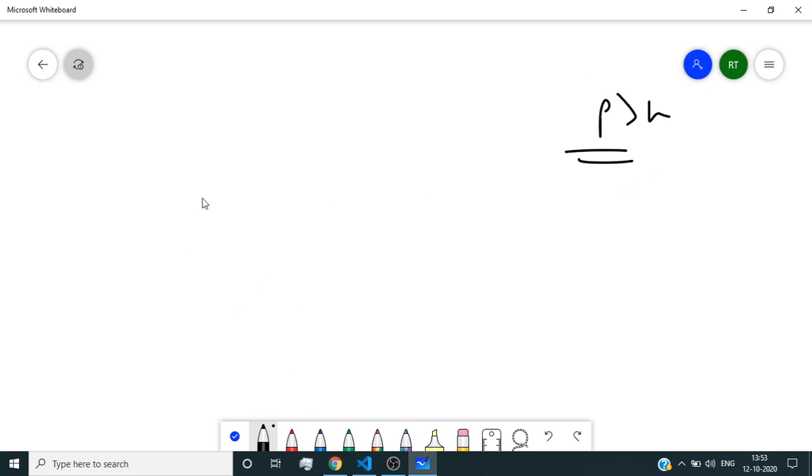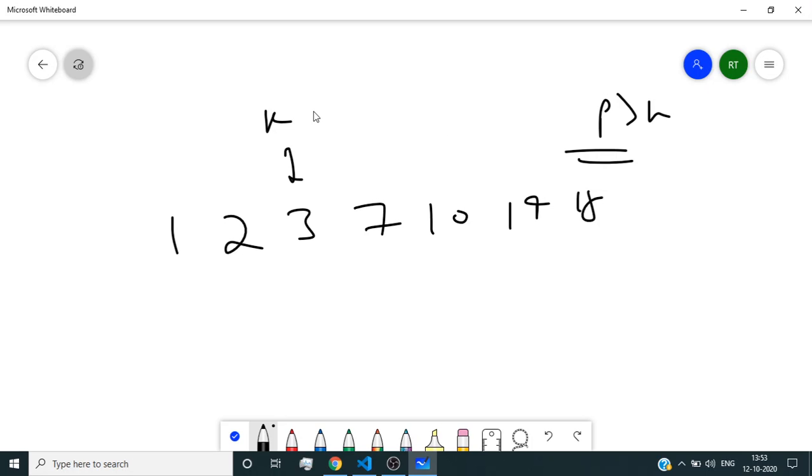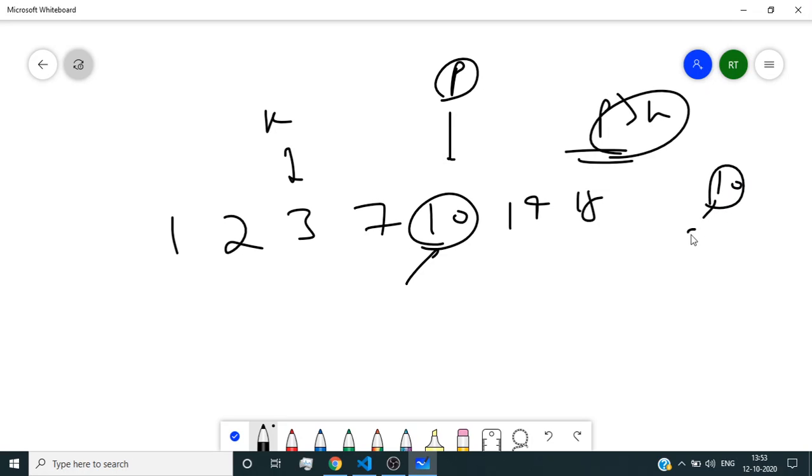In if p is greater than k, we will see something like this. Let's say our k is this and p is this. And what we will do, in this case, if you would say to me that you have to change that 10 to 9, it would not be possible.